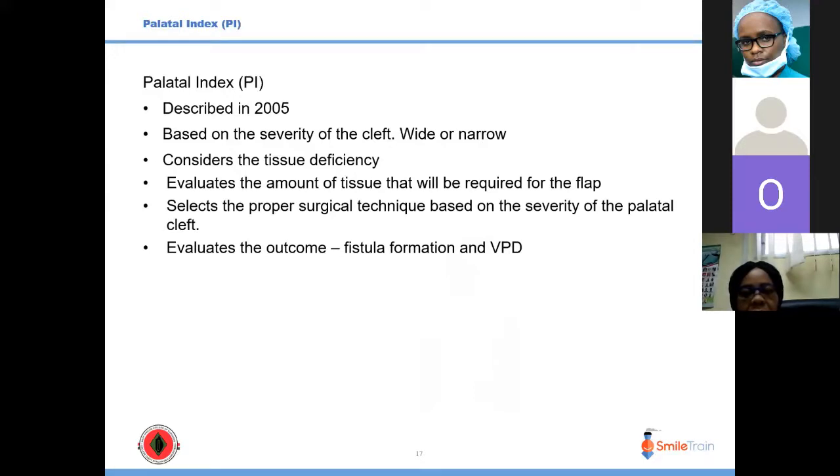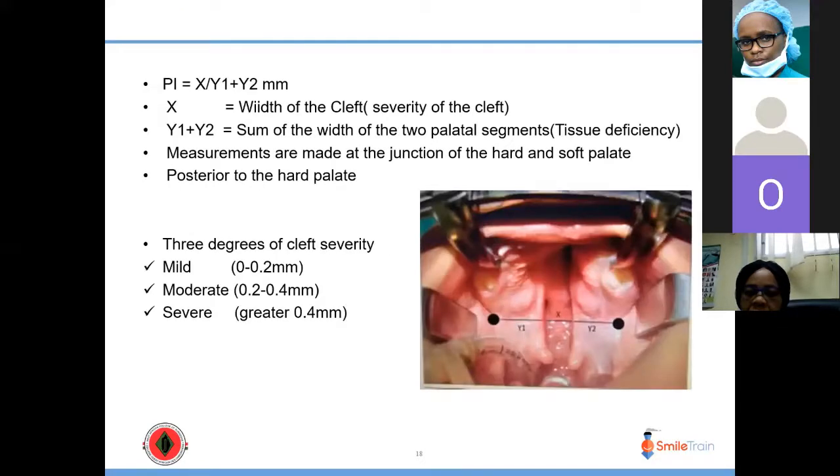And the objective was to correlate the size of the cleft to the fistula formation and the VPD. This classification actually evaluates the amount of tissue that you require to mobilize to be able to close the cleft. So they relate the cleft defect to the amount of tissue that is available for mobilization.